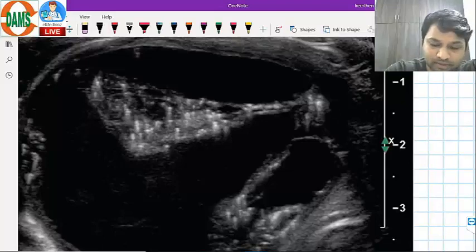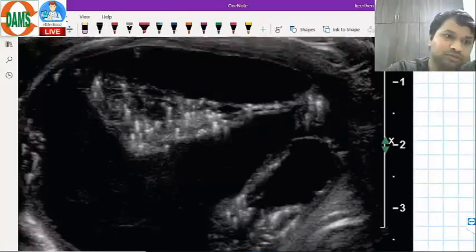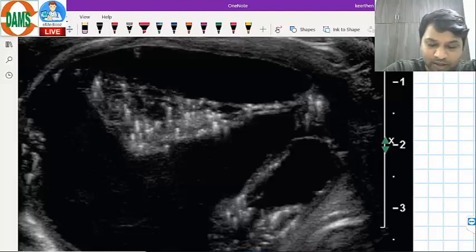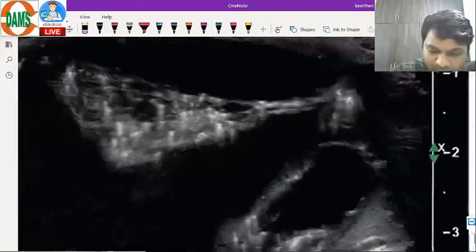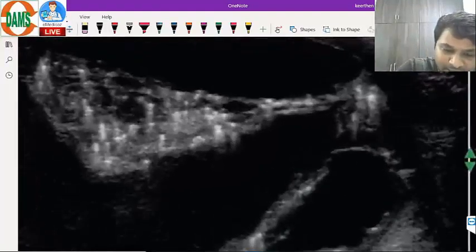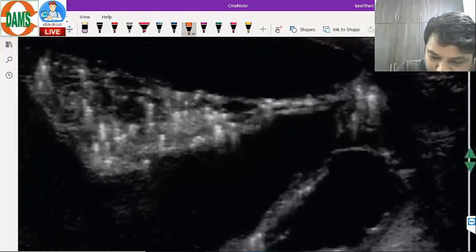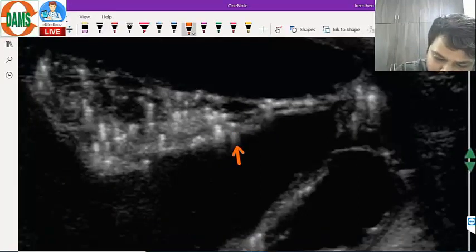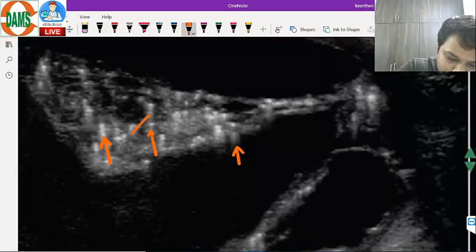All right, good to go. Now, if you look at this image, look at this calcification, and after the calcification you have post-echogenic shadows. You see right across here. These are the post-echogenic shadows, right? The shadows are present.